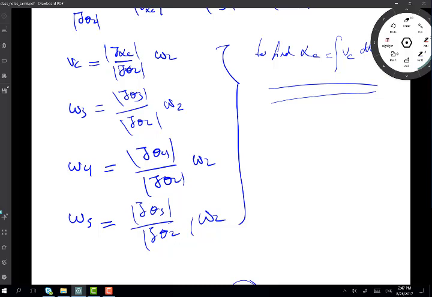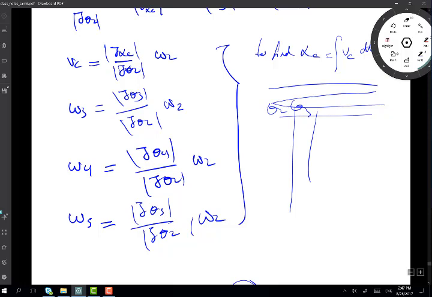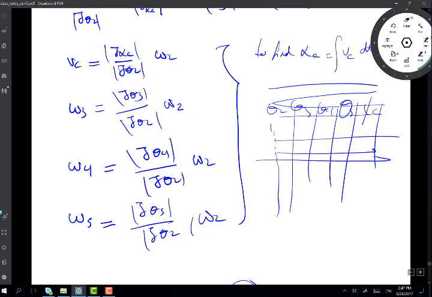Of course, the position analysis we get by this method would not be closed form, but more of an array. So we get theta 2, and here theta 3, theta 4, theta 5, xc, and whatever. We change theta 2 a number of times and get the corresponding values of those other link positions and angles.